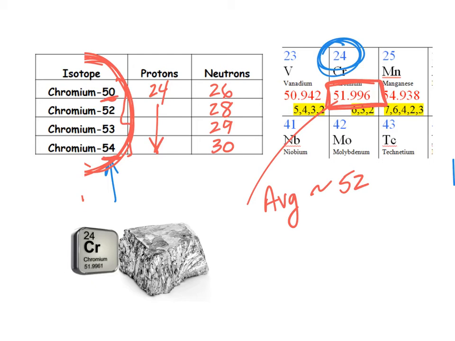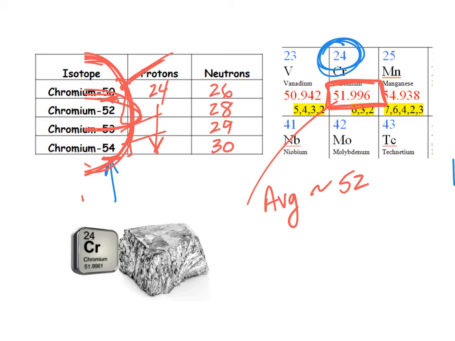What that tells me is that chromium-52 is the most common isotope for chromium. And since it's a little bit below 52, then there's a little bit more of chromium-50 kind of bringing the average down a little bit. Chromium-53 and 54 would bring the average up.